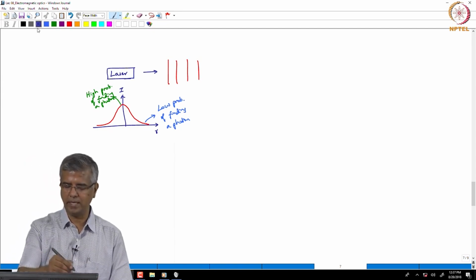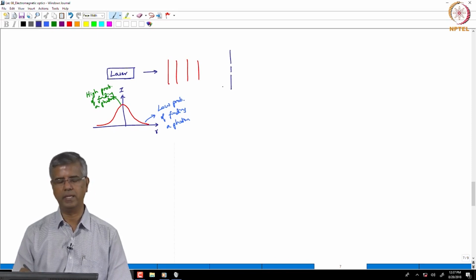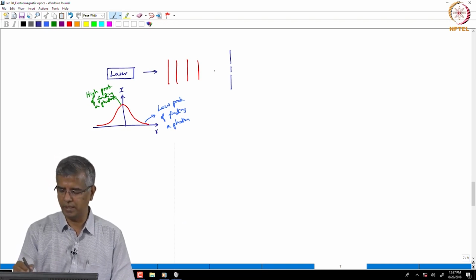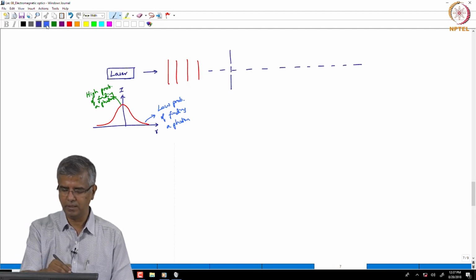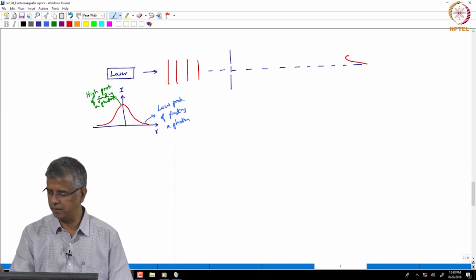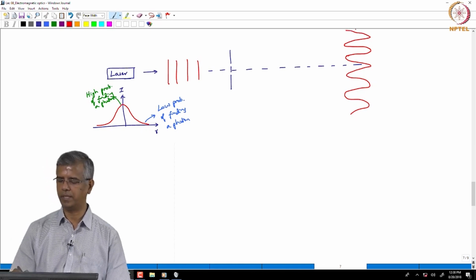And if you extend that to something that we did earlier, Young's double slit experiment, what we expect to see in the far field is some intensity pattern like this of constructive and destructive interference over there.